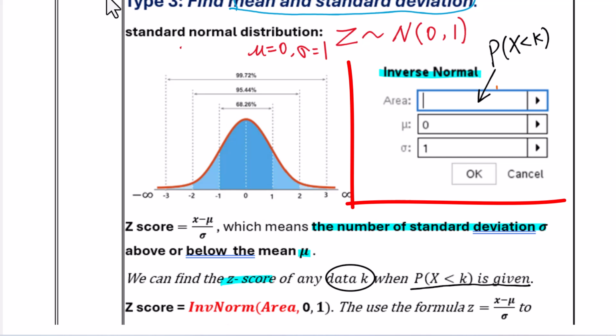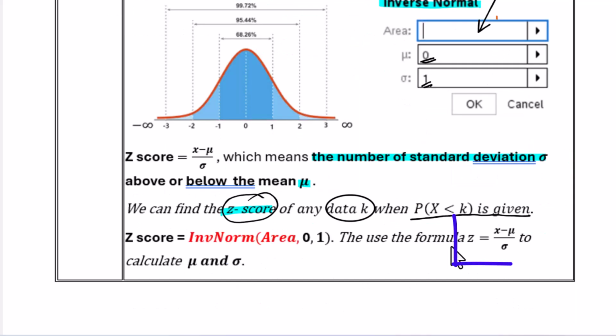We will put the value of the probability of x less than k into this area. Mu is 0. Sigma is 1. Then we can figure out this z-score. Then we use the formula z equals x minus mu over sigma to figure out mu and sigma.